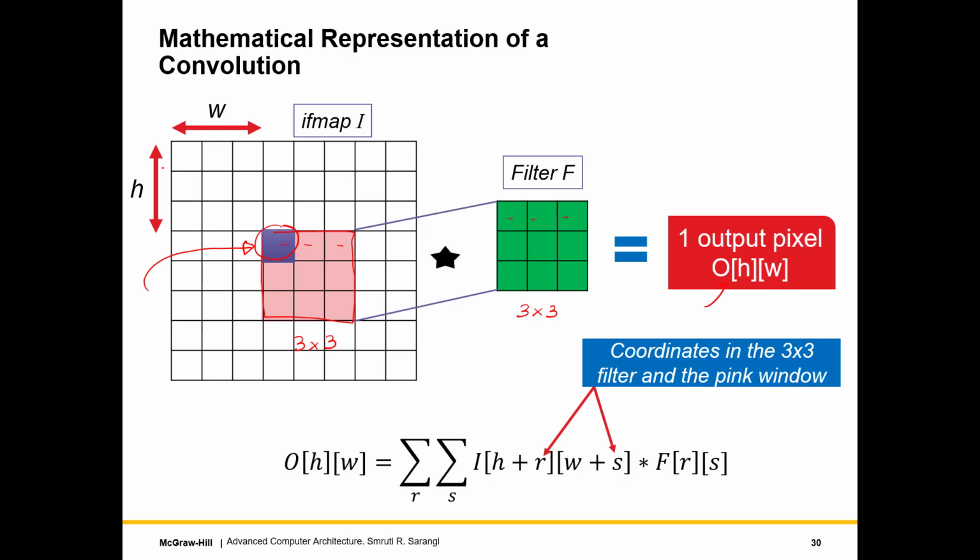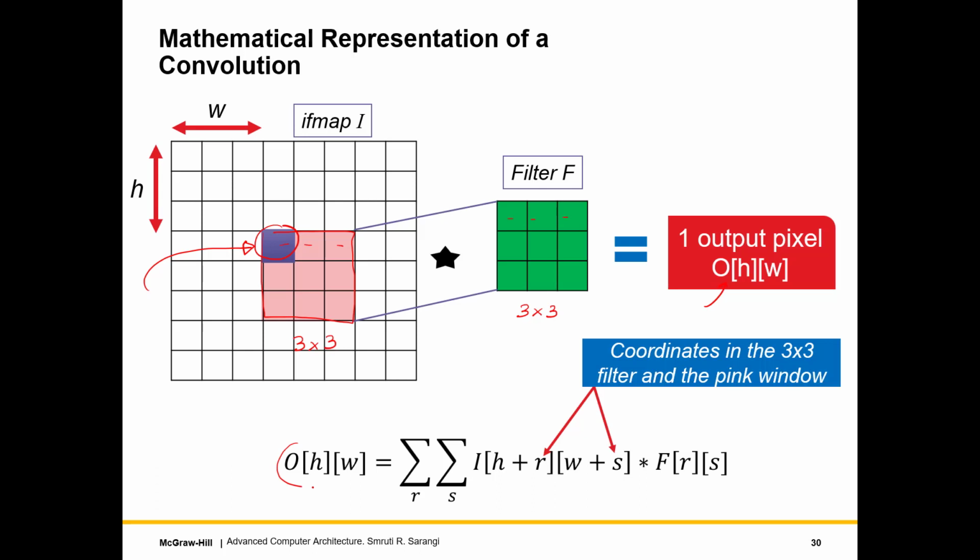Why HW? Because this is the hth row and wth column, so its coordinates are HW. We have taken the row-column format instead of the x-axis y-axis format, where we go with the hth row and the wth column.